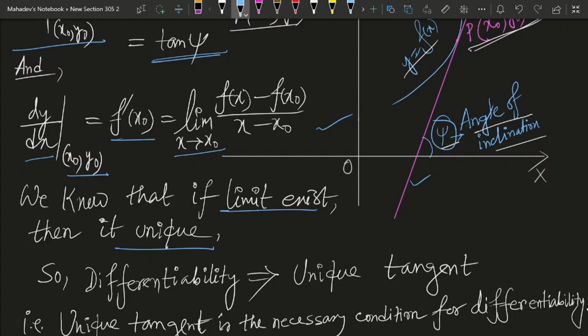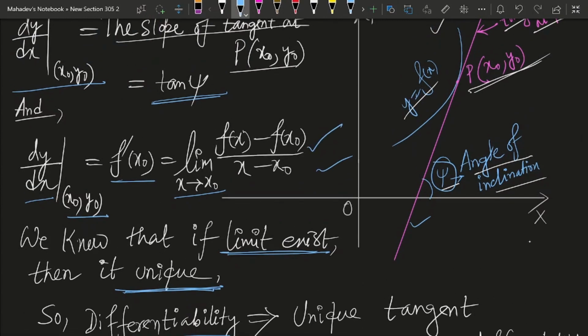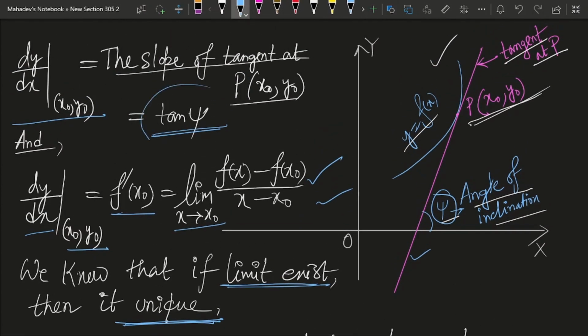So differentiability means you have a limit and it is unique. Limit unique means this value is unique, so your tan psi, that is dy/dx at (x naught, y naught), let's say this is m. As it is the slope, it is generally denoted by m.